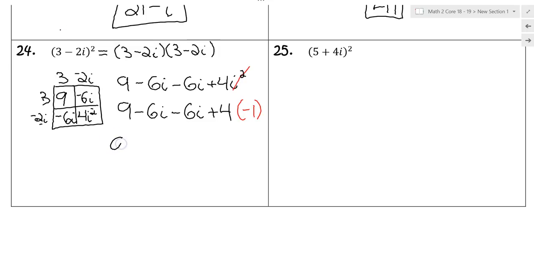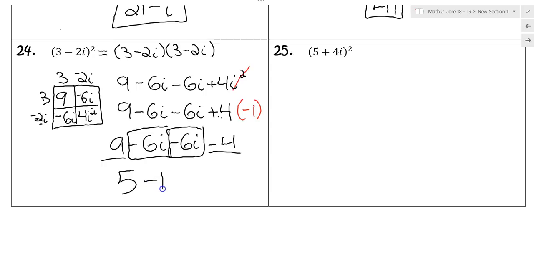So 9 minus 6i minus 6i, and 4 times negative 1 is negative 4. So I have 9 minus 4, which is 5. Negative 6i and negative 6i gives me negative 12i.